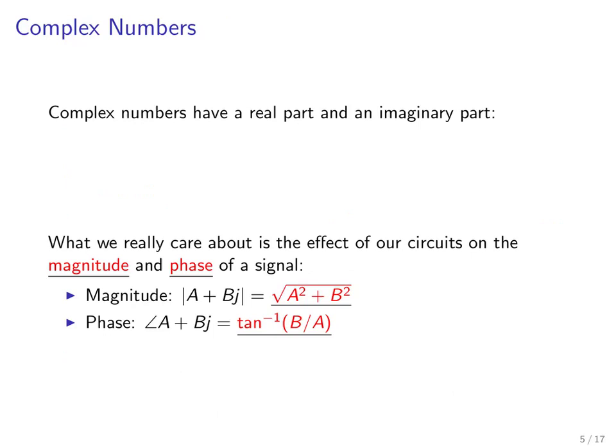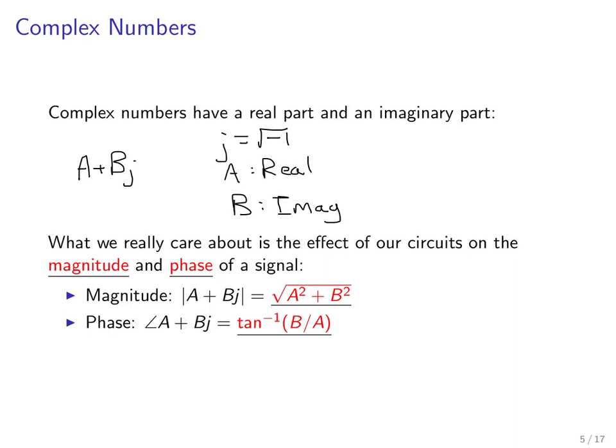So complex numbers, in general, are going to have both a real part and an imaginary part. Let's denote a complex number as a + bj, where j is equal to the square root of minus 1, a is the real part, and b is the imaginary part. Now, just like Steinmetz, what we really care about is the effect of our circuits on the magnitude and the phase of a signal.